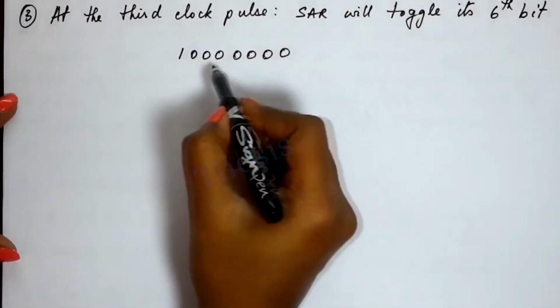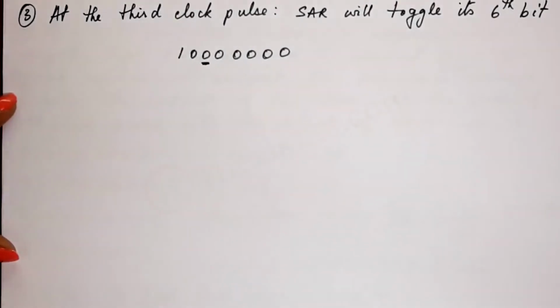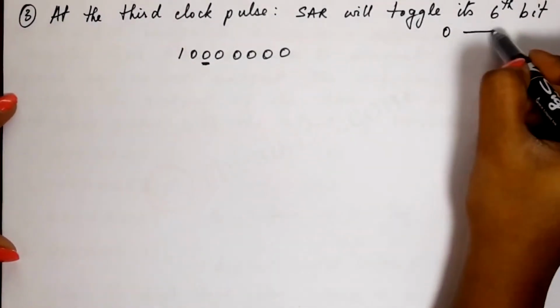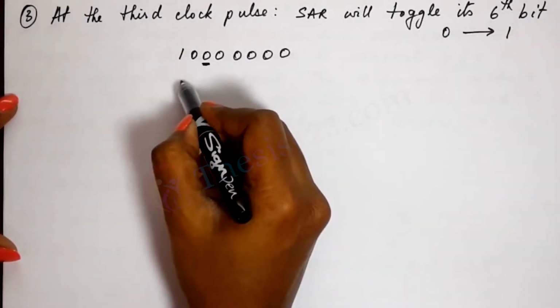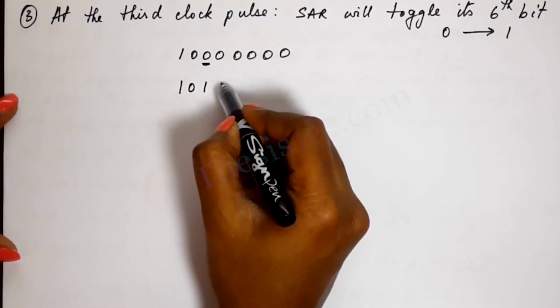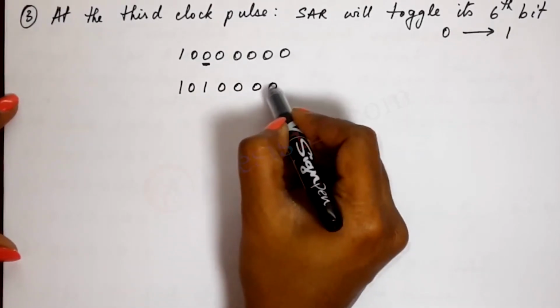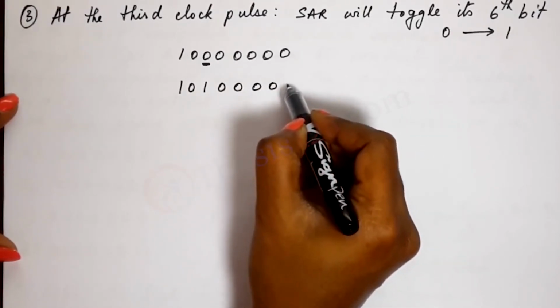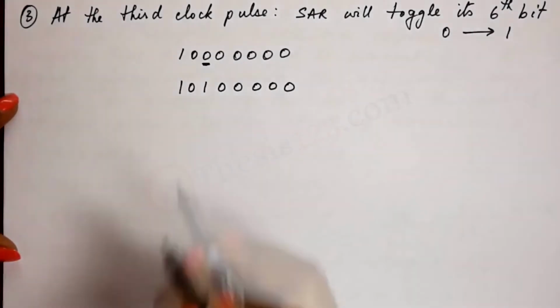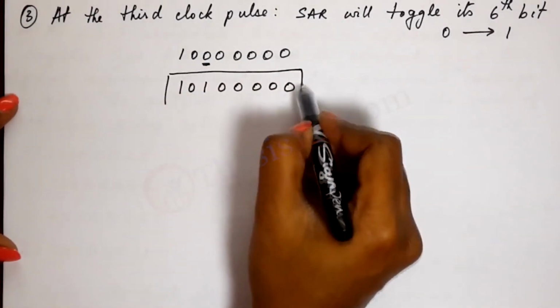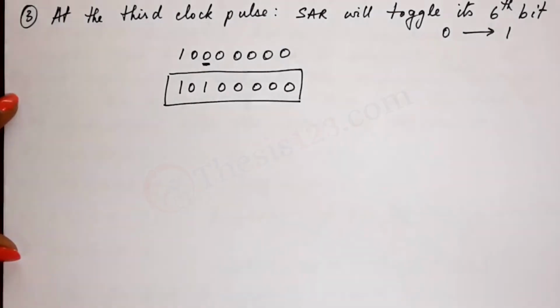What's the 6th bit here? This one here. So it will toggle from 0 to 1. So it becomes 1 0 1 0 0 0 0 0.